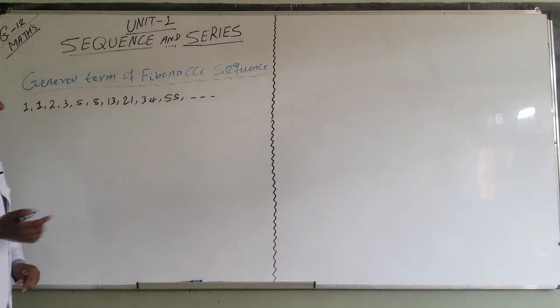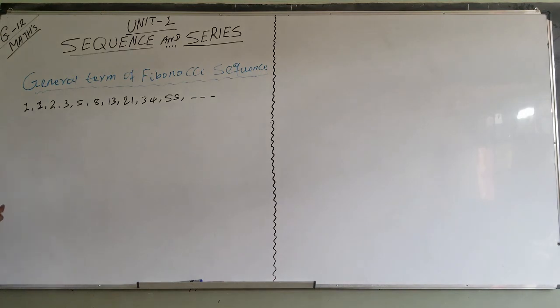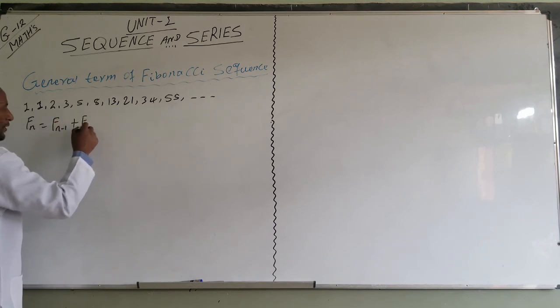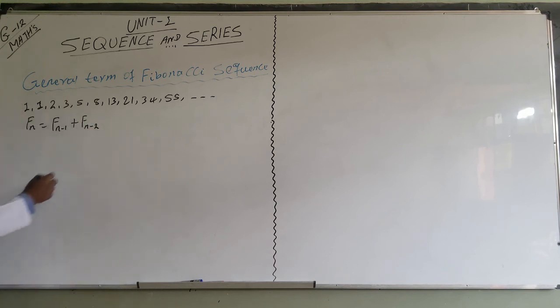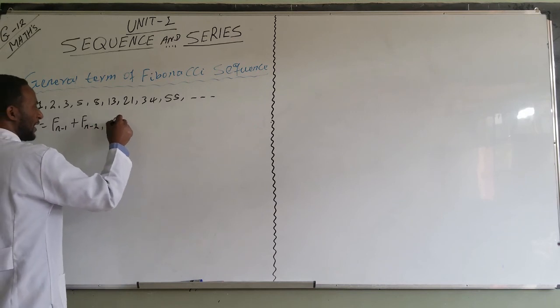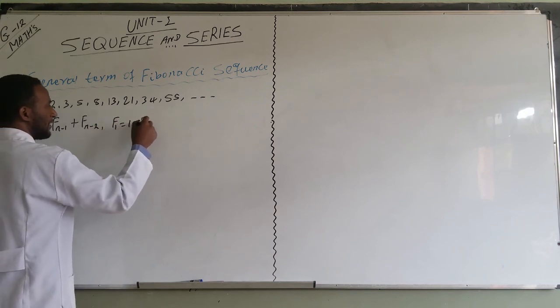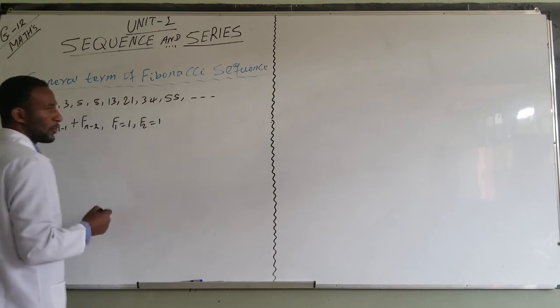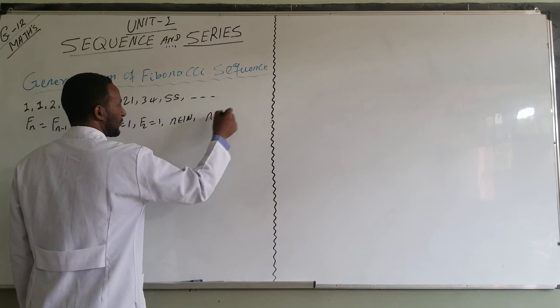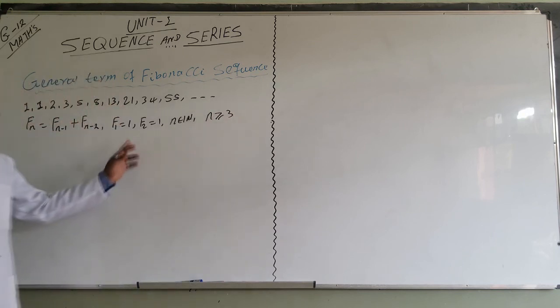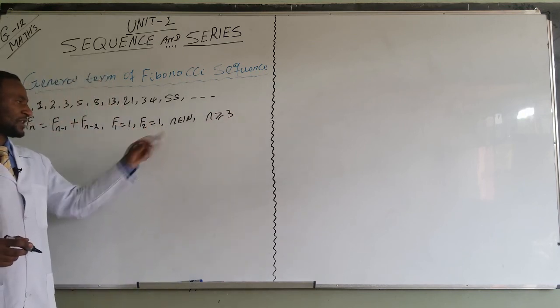Then when we describe this Fibonacci sequence by recurrence relation, f of n is equal to f of n minus 1 plus f sub n minus 2, when f of 1 is equal to 1 and f of 2 also is equal to 1. n is an element of natural numbers and n starts from 3 because f1 and f2 are given for us.